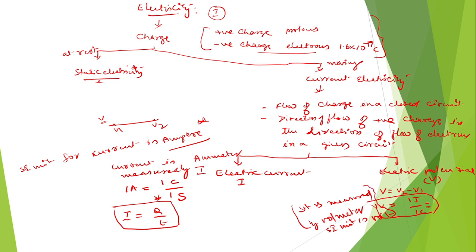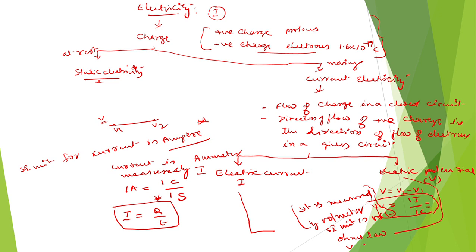Now, on one side we got electric current due to the flow of charges, and on the other side electric potential. The relation between them is Ohm's law. What is Ohm's law telling?